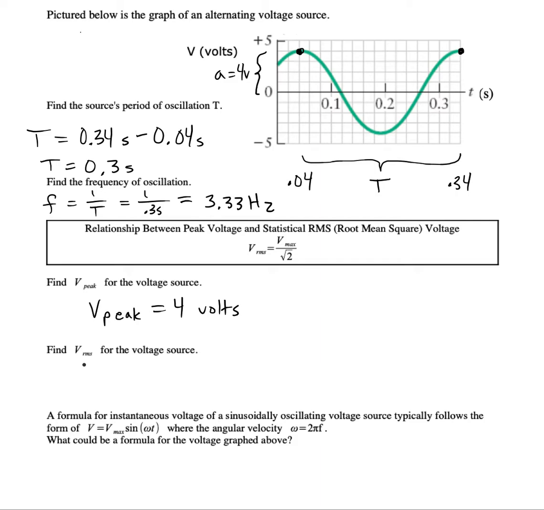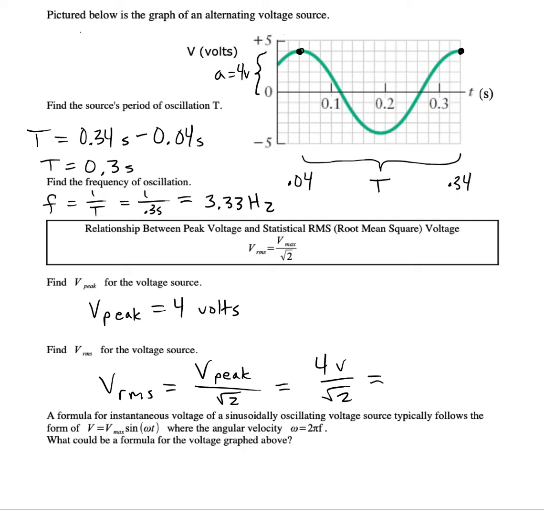Now we're asked to find the RMS voltage, the root mean square, which is like an average of the voltage. It has this formula. And this is the formula for a sine wave. Different waveforms will have different formulas. But let's go ahead and plug in our peak voltage.